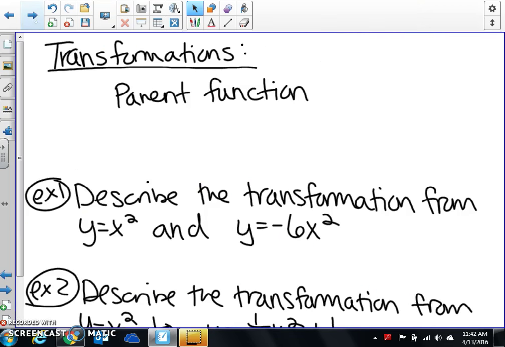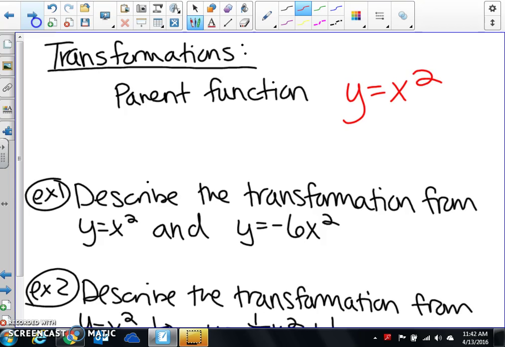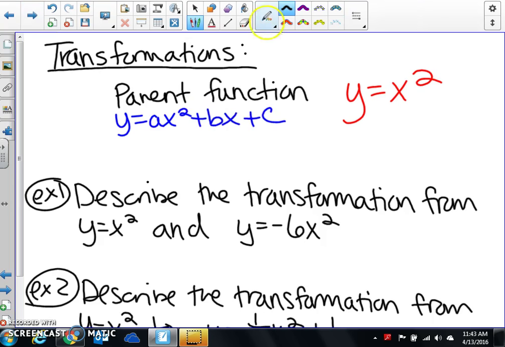Let's talk about transformations. The parent function for a quadratic is y equals x squared. Pretty much what that's saying is your a is 1, your b is 0, your c is 0. If you break down the y equals ax squared plus bx plus c, I talked about this in class, but your c, your constant, is your y-intercept.